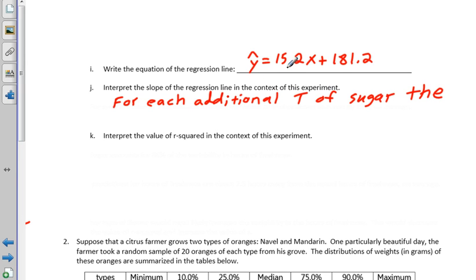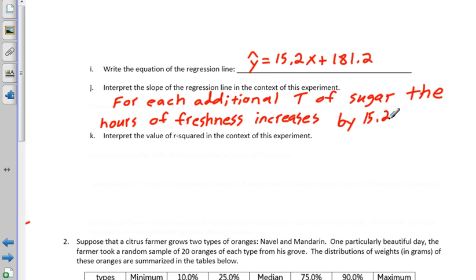Since it's a positive 15.2, we would say the hours of freshness increases by 15.2. I already said hours, so you could say freshness increases by 15.2 hours, or time of freshness also.